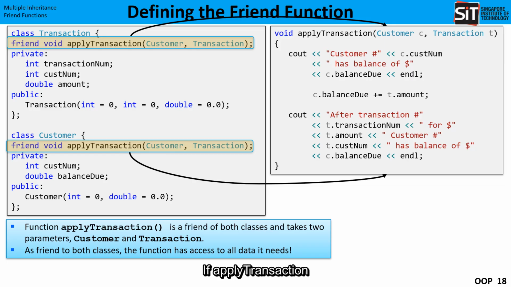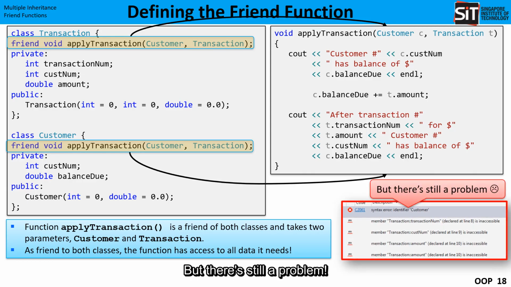If applied transaction was only a customer member function, then it would not have direct access to the private transaction data, and vice versa. But there's still a problem, a compilation problem indeed. Why? Let's move to the next page to check the workaround.